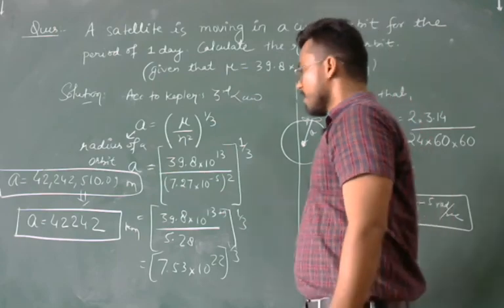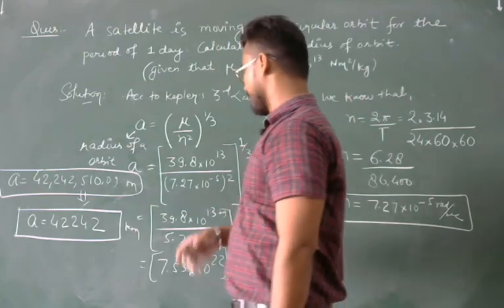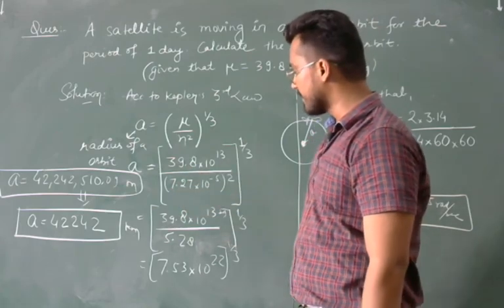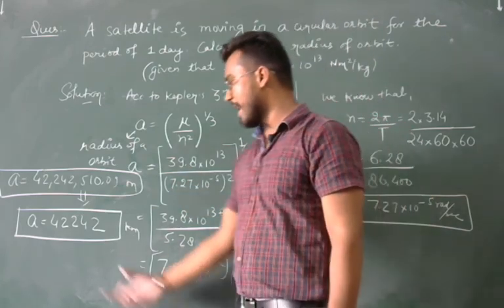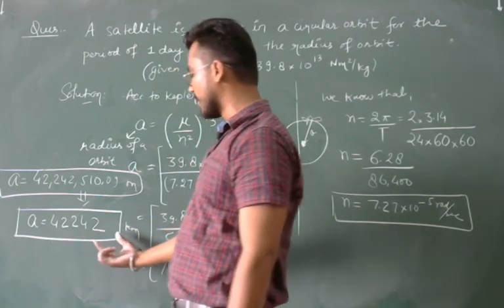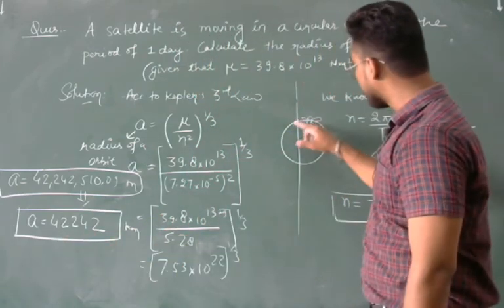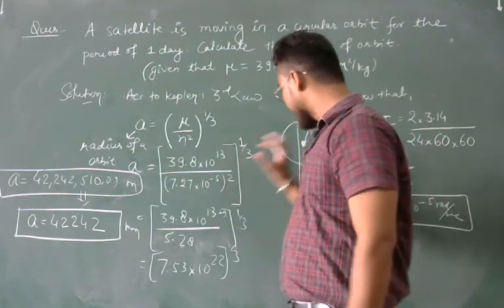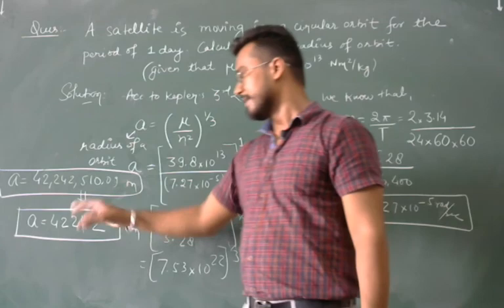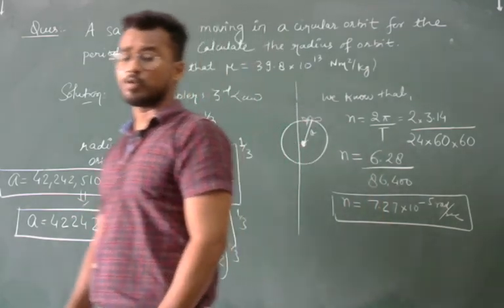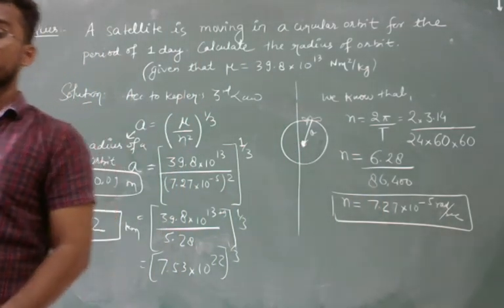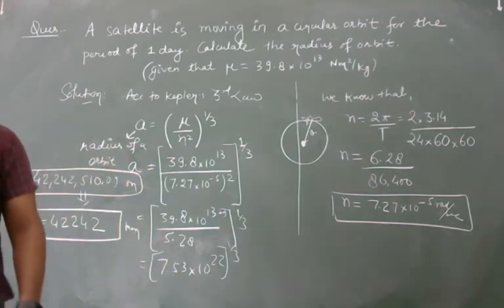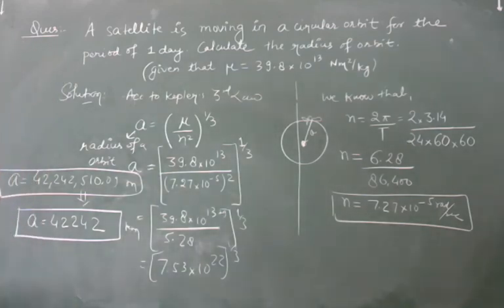Once we have the value for this n, we have substituted in this relationship, and while calculating, we have the value of this 42242 kilometer. एक दिन में सर्कुलर मोशन अगर करता है तो जो डिस्टेंस है अर्थ से उस सैटेलाइट की, that is calculated to be 42242. So I hope you got my points.